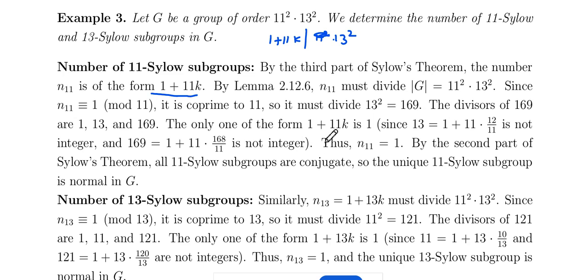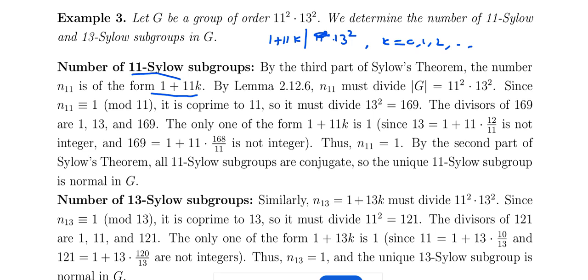Here the order of G is 11 square, 13 square. First we need to find how many 11 Sylow subgroups there are. By the theorem, the number of 11 Sylow subgroups is of the form 1 plus 11k, and that should divide 13 square, for k equal to 0, 1, 2 and so on.